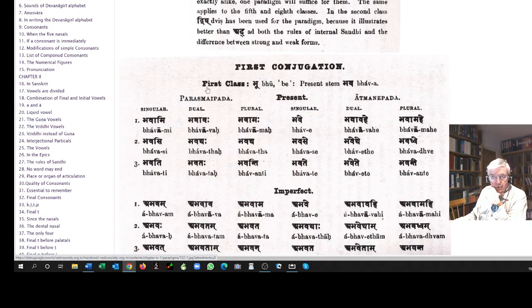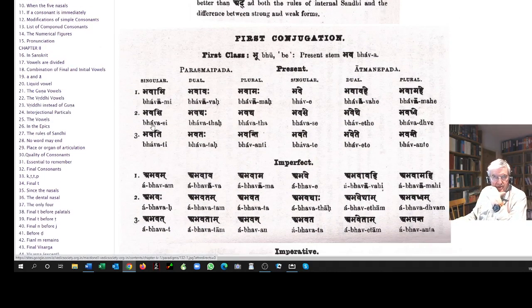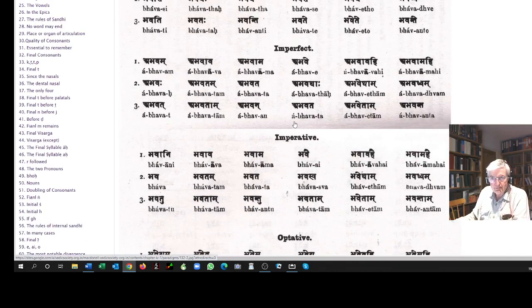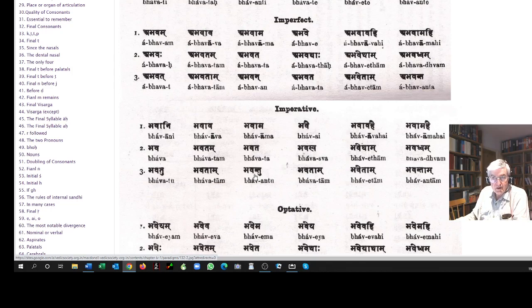First conjugation, bhu, to be, and most of you will have seen this: bhavami, bhavasi, bhavati, and so on. In the plural, bhavanti, you know all those, and there's the imperative, for example, third plural, bhavantu, sarve sattva sukhita bhavantu, imperative, may they be, let them be.